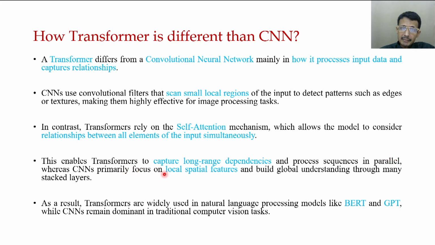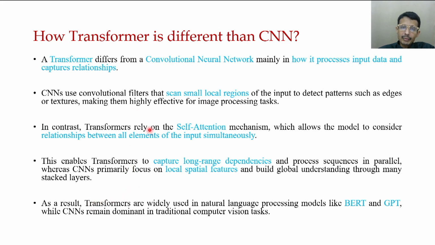Whereas CNN is primarily focused on local spatial features and then builds global understanding through many stacked layers. It also tries to find the global understanding or global statistics, but through the stacked layers.